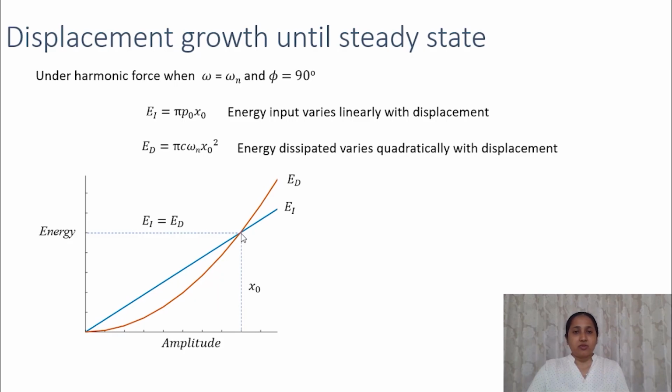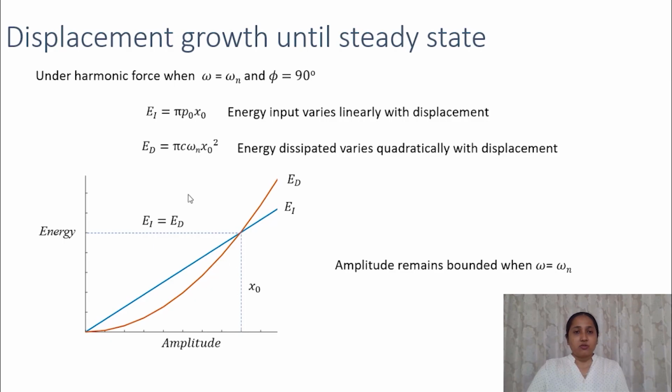When the amplitude goes below the steady state, again the input energy will be more, so the amplitude will tend to increase. So the amplitude of the damped system will be bounded at this steady state.